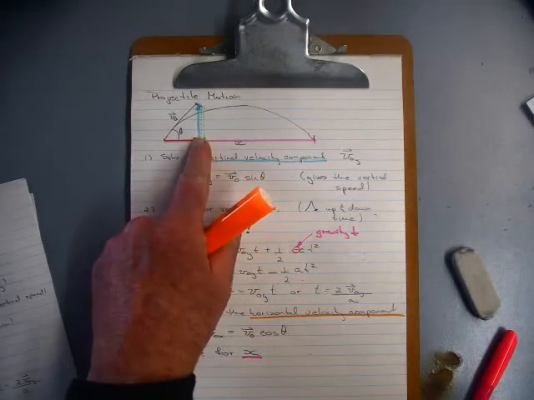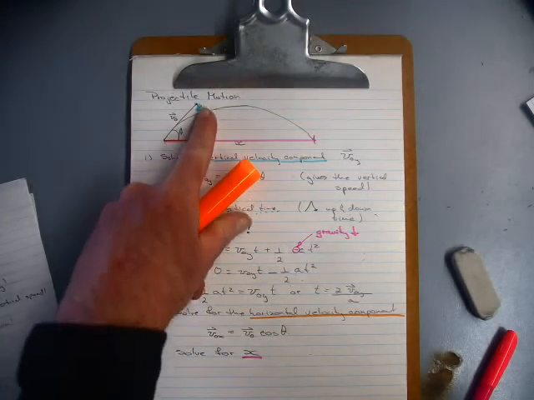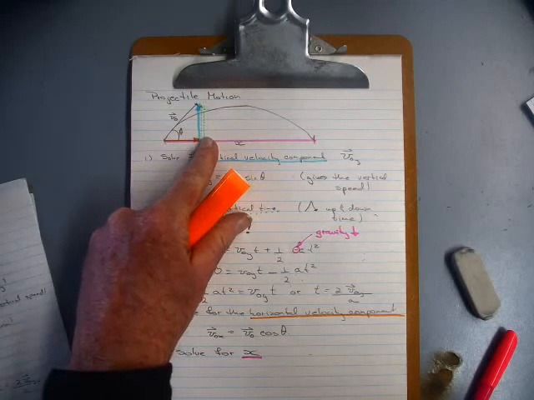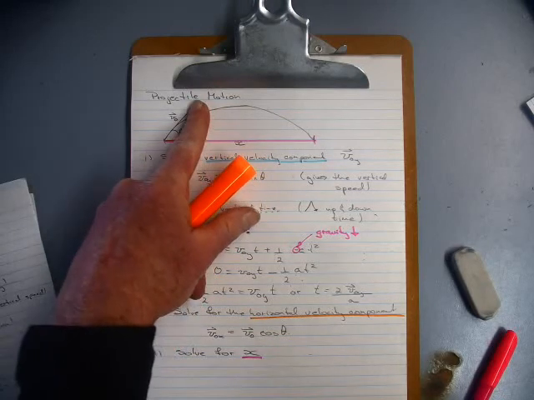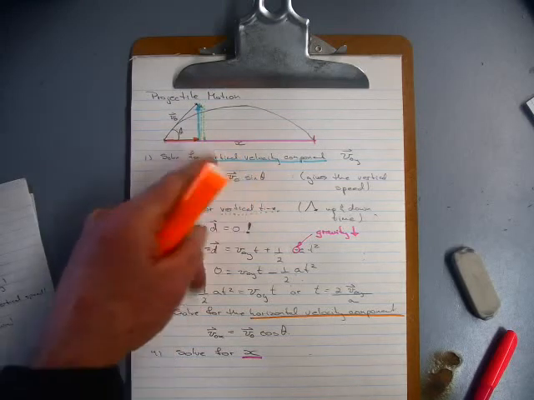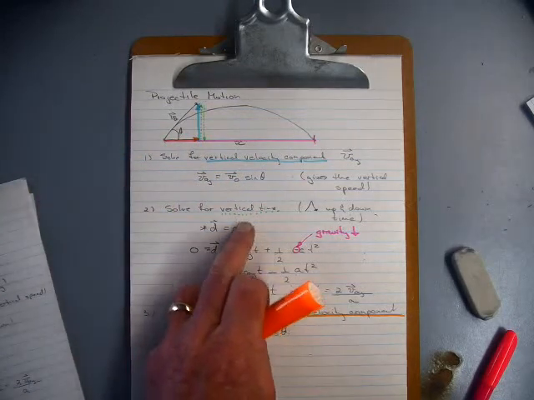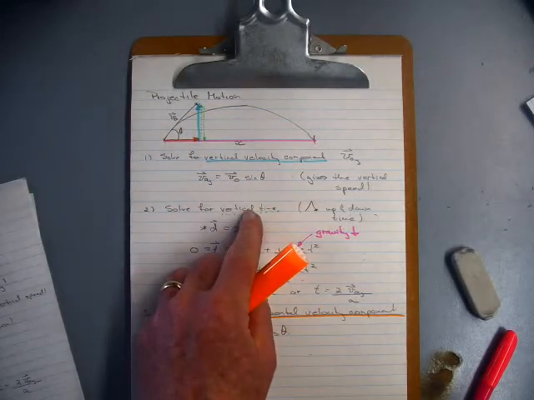In order to find out how much time it's in the air, you have to find out how fast it's going up. So the first step is just to determine the time. You have to do this first.